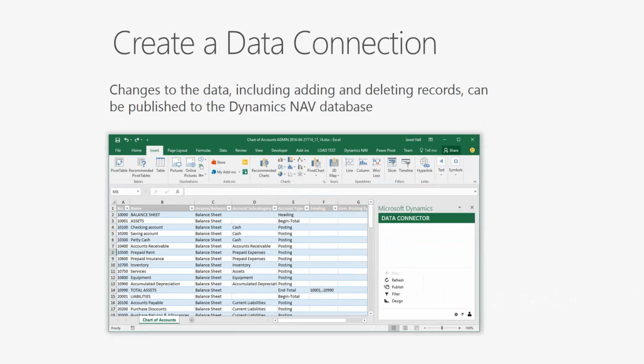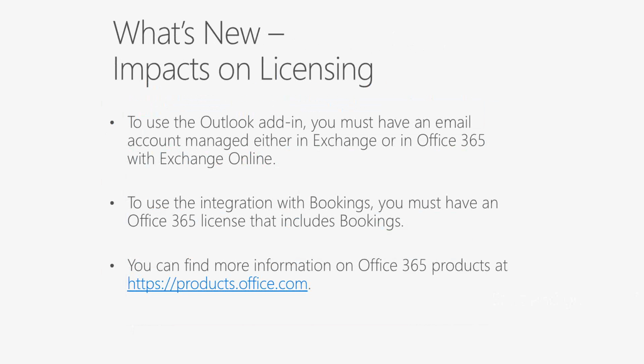And I guess a consideration in terms of licensing, and I get this question a lot, is what do we need to be running? Which version of Outlook is this compatible with, and which Office 365 account? So essentially all you need to run the Outlook add-in is an Office 365 Exchange Online account for that user.